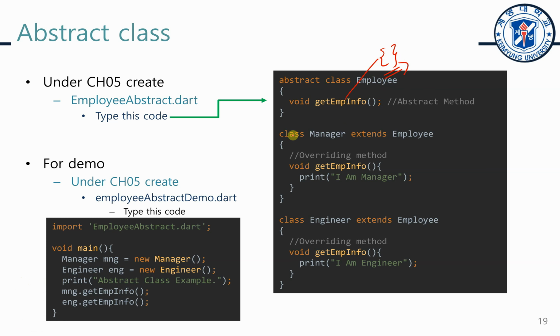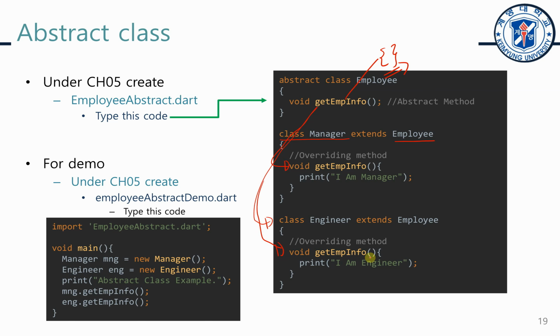What we do is we create another class called manager, and it extends the abstract class employee, and this method is implemented here. So get employee info says I am a manager. And another class called the engineer class also extends employee. Then this method is implemented here.